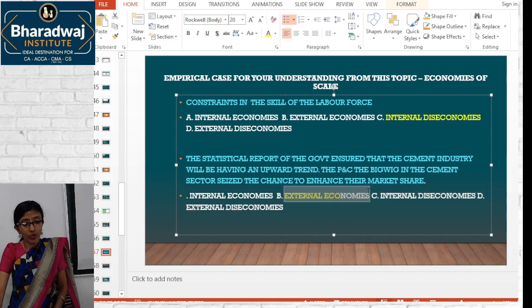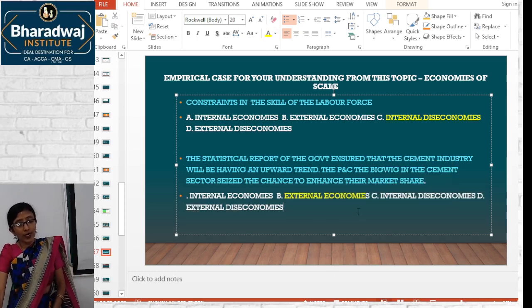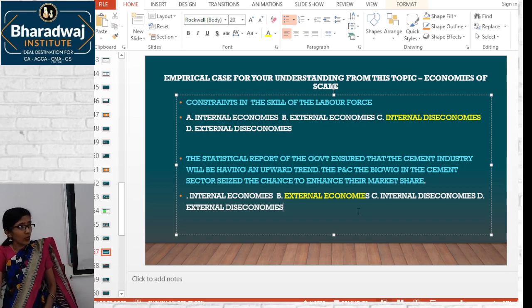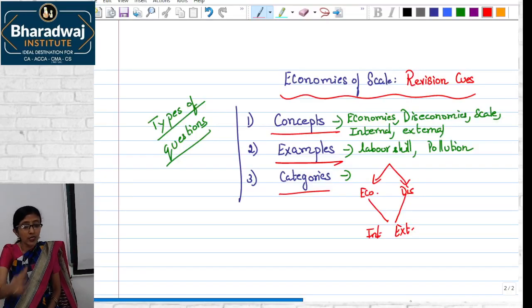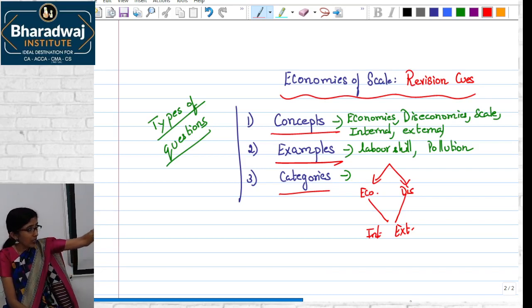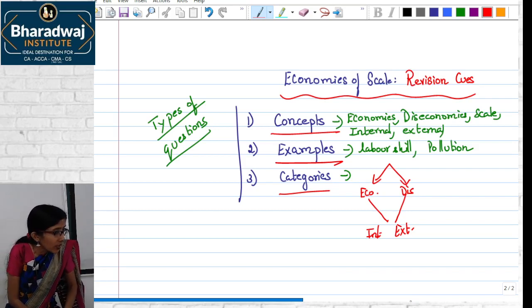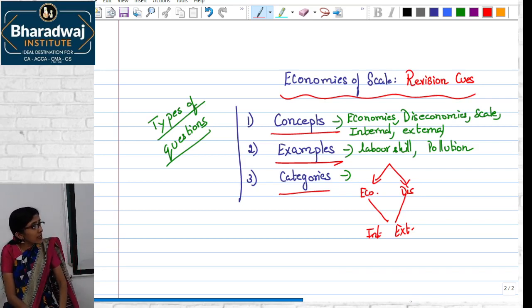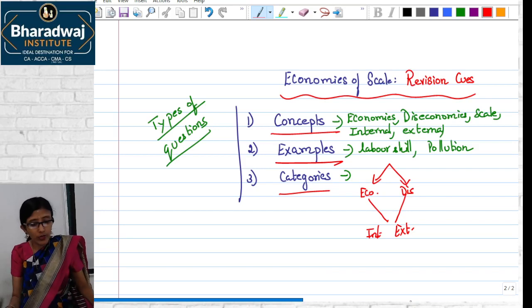So look at the root of the problem, the root of the issue, understand and answer. Okay, I wanted to give you some empirical questions. This is how you have to prepare for economies of scale concepts. Economies, diseconomies, internal, external. And remember, internal is endogenous, external is exogenous. You know that, no? Why are you a little hesitant? You don't know that?